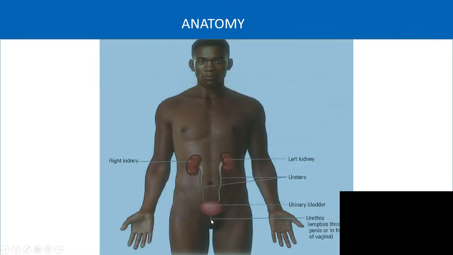For the urethra and bladder, you will not append any type of laterality modifiers. Why, guys? What is the reason? Write in the comments.